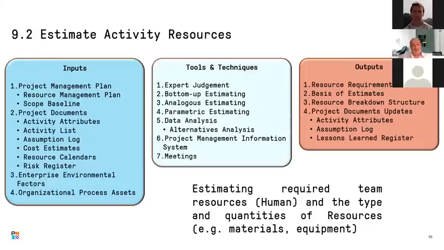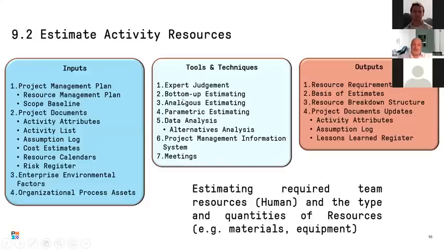The tools and techniques, number 1 and number 7, again, are the same, the expert judgment and the meetings, and you are quite familiar with them. Numbers 2, 3, and 4 are the different estimating types, again similar to the cost and the schedule management. The bottom-up, where we are collecting estimates from the work packages and gathering them at the top, at the total.